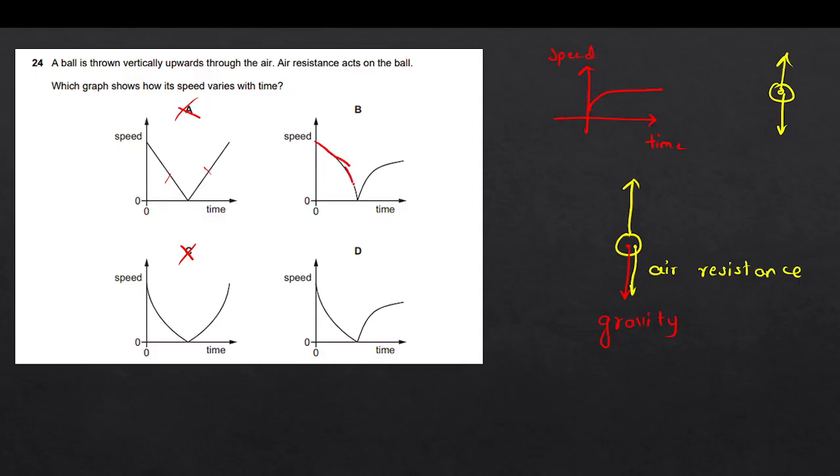The slope here actually increases, which implies the deceleration is increasing, which is incorrect. The deceleration reduces on the ball, and at the highest point, the speed is 0. And while it falls back towards Earth, it will attain terminal velocity. So the correct option is option D.